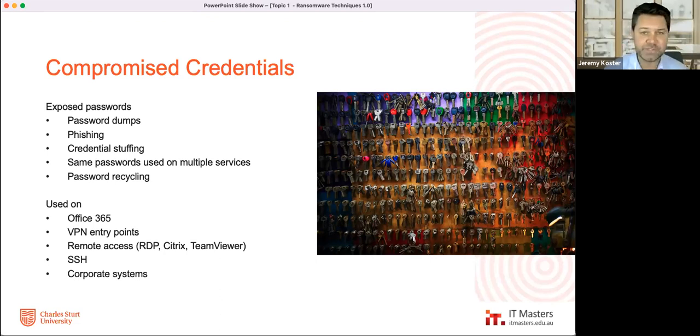We'll talk about protection mechanisms, but essentially the world is awash with password dumps. We've had so many password dumps, starting off with the big ones that really impacts us, like LinkedIn and Adobe and back in the day, and eBay even, and Ashley Madison back in those days, Yahoo.